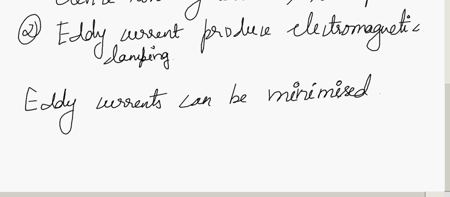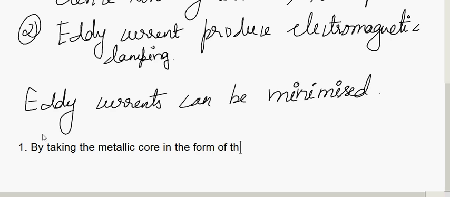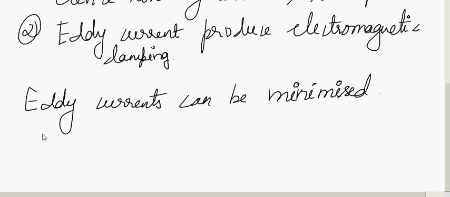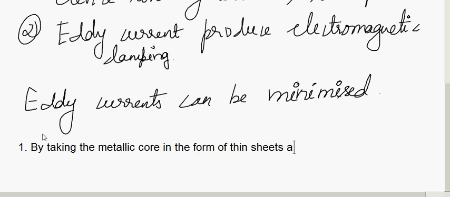I will write two points here which will give us an idea how to minimize this eddy current. First one is by taking the metallic core in the form of thin sheets attached together.